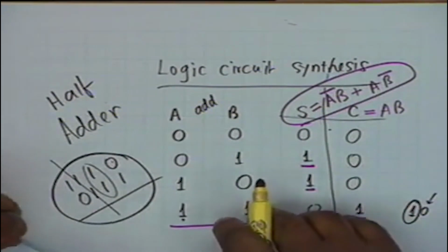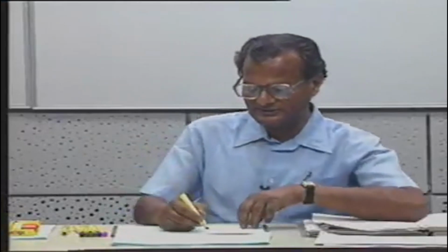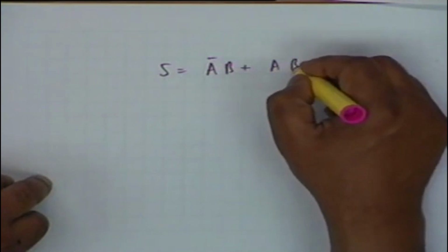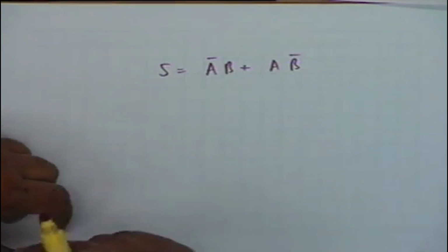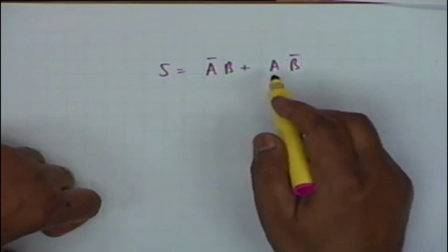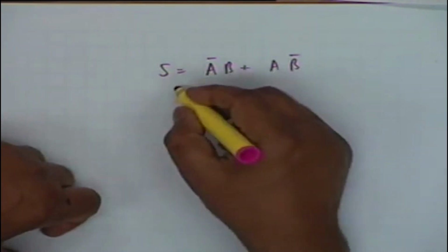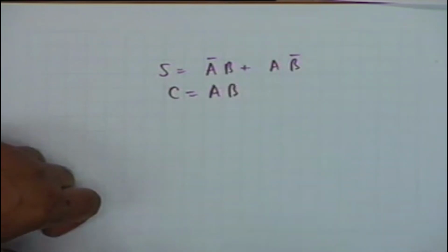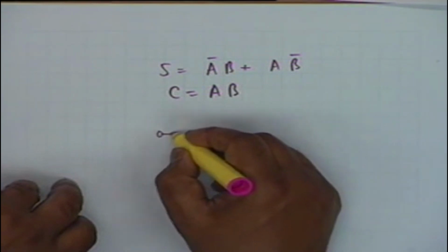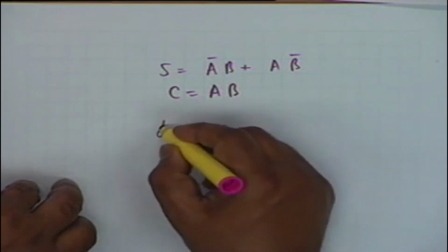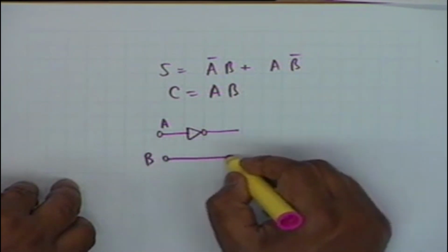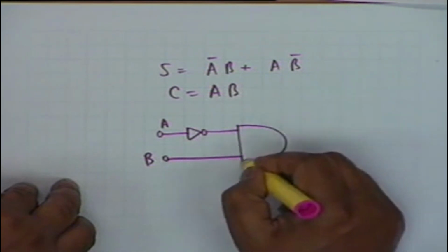Now, if I represent this half adder logic, S is A bar B or A B bar. I should say A bar and B, or A and B bar. Well, I will simplify this in terms of ordinary language. All that I have to do is use a NOT gate for A, and then have a B, and have an AND gate.